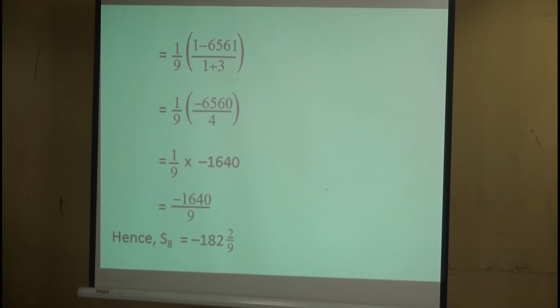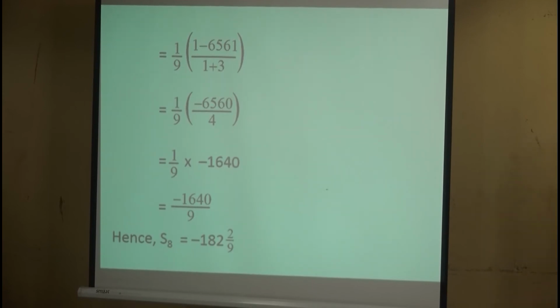Opening the bracket, we'll be having 1 over 9 multiplied by minus 1,640, because 6,560 divided by 4 gives us minus 1,640.